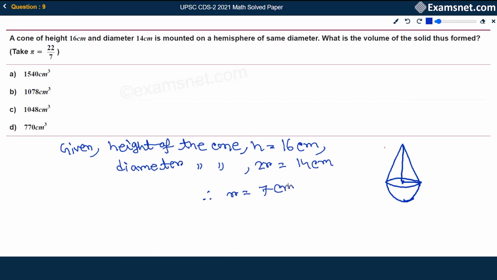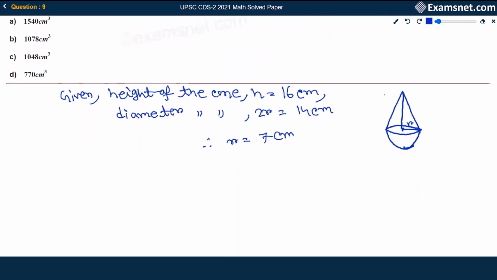Okay, so here this is the radius. Since this is mounted on a hemisphere, the cone and the hemisphere both have the same radius. So we can write, therefore, radius of hemisphere, that is also 7 centimeter.